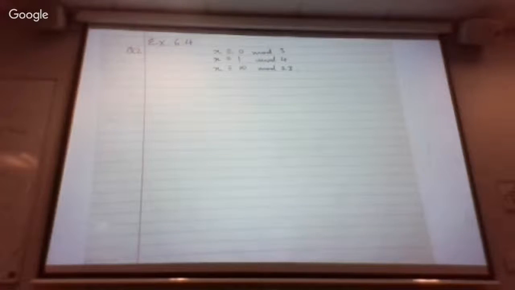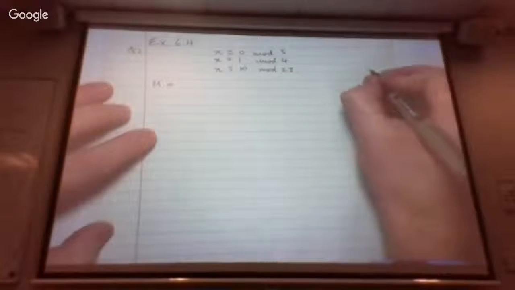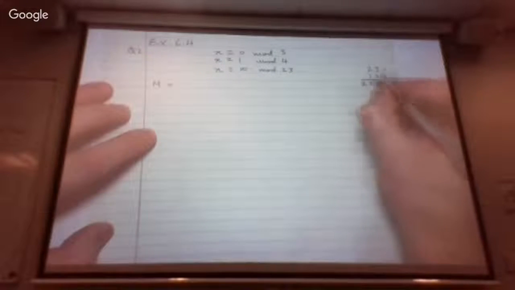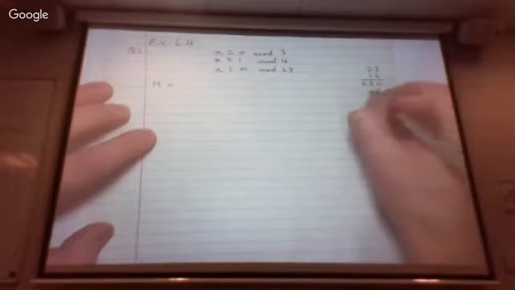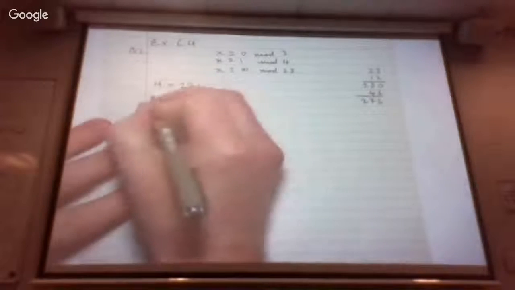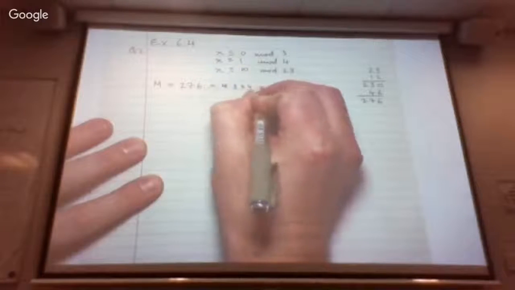So we have a capital M, which is the product of all the moduli, which is 12 by 23, which is 276. Capital M is 276. So that's 3 by 4 by 23.